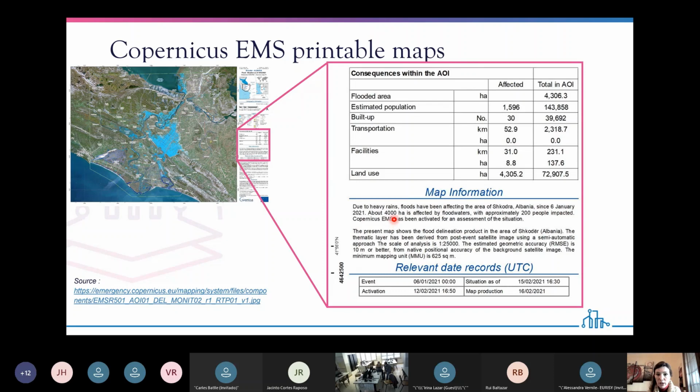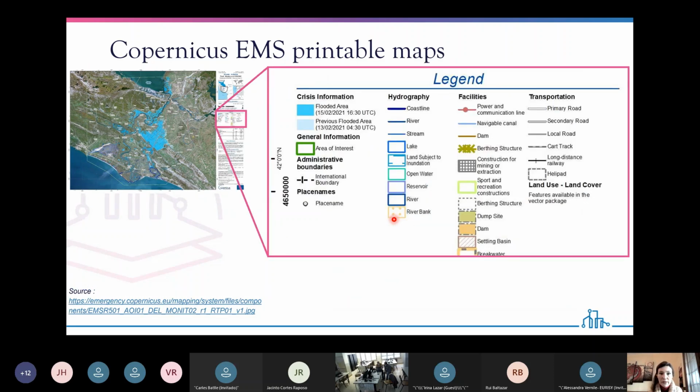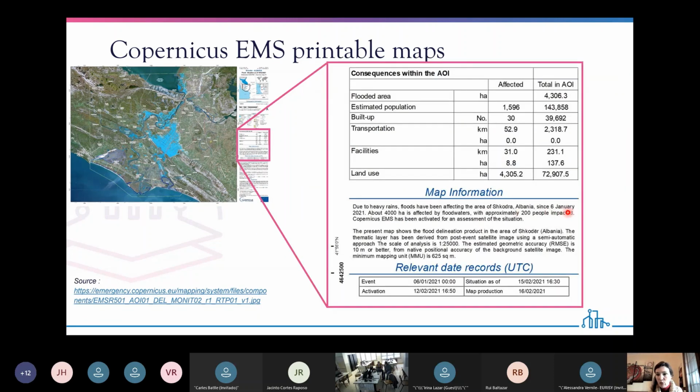If you remember, here we had that the situation is at the 15th of February, while we see here that the event was from the 6th of January. So it was a flood event which lasted very long. This is not what is called a flash flood. When you have a flash flood, the water is coming very fast and going away very fast. In this case, the water is staying for much, much longer.